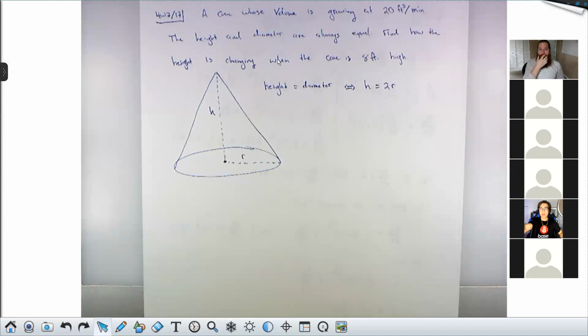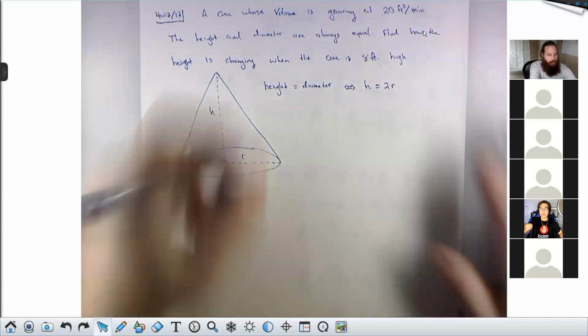Then we have to ask what else is going on here? Well, the volume of the cone is changing. So we're also going to need an expression for the volume of a cone. Does anybody know what that is?